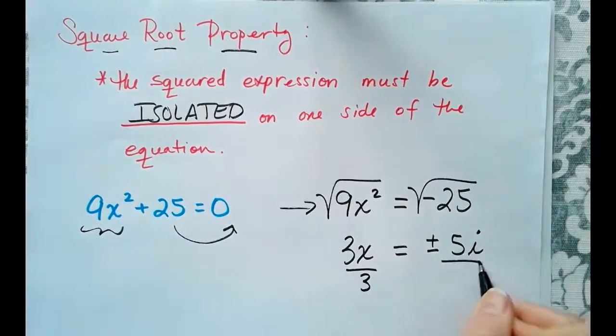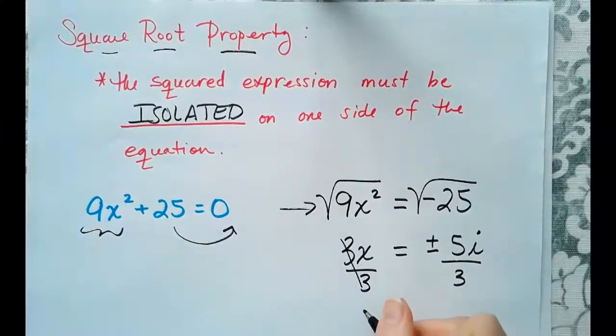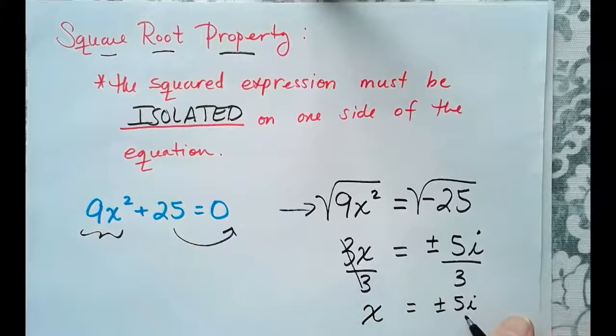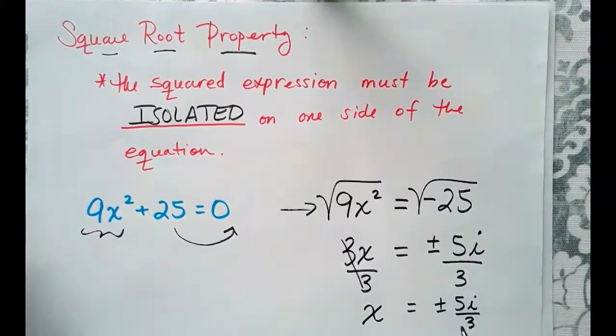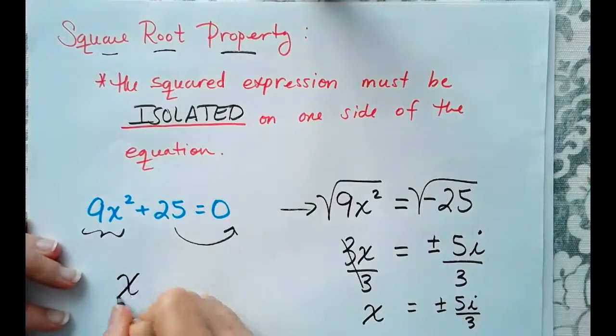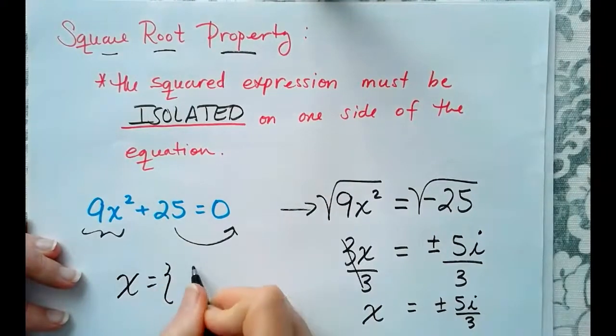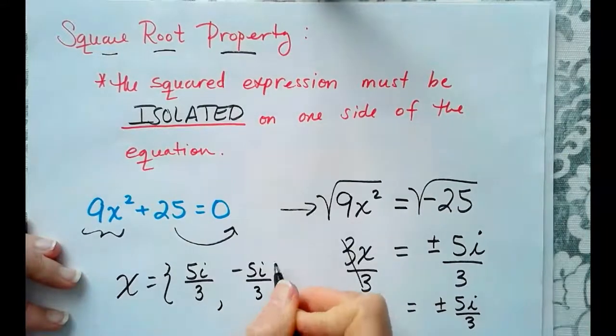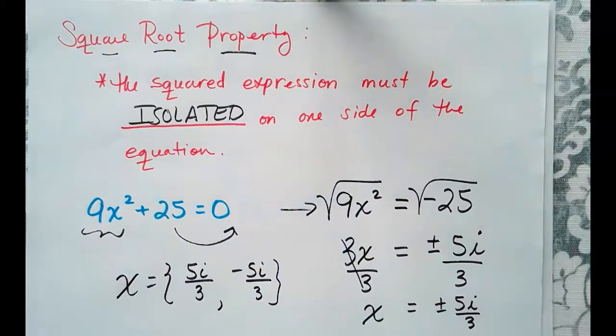We get the same thing, same answers regardless. X equals plus or minus 5i over 3. So those are our two solutions. Remember, the plus or minus is implying two answers. So what are our answers? Our answers are 5i root 3 and negative 5i root 3. This, of course, had two imaginary roots.